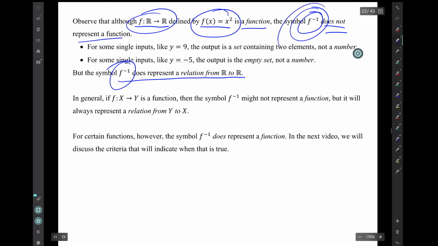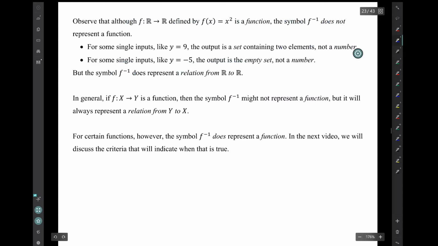Now in this case we've seen that that inverse relation is not qualified to be called a function, but it is a relation from the real numbers to the real numbers. So again, in general, this symbol might not represent a function, but it will always represent a relation. But for some functions, this symbol does represent a function. In the next video, I'll discuss the criteria that will indicate when that's true.